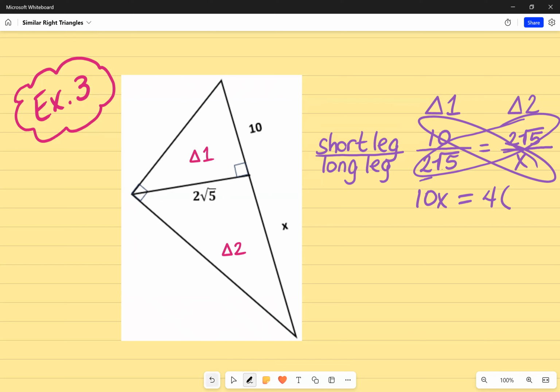Whatever is under that radical, that will always be your answer. So 10x is equal to 4 times 5, which is 20. And then I'm going to divide both sides by 10. And therefore, x is simply 2. That is how you simplify. That's how you actually do these problems when you're trying to figure out similar right triangles.